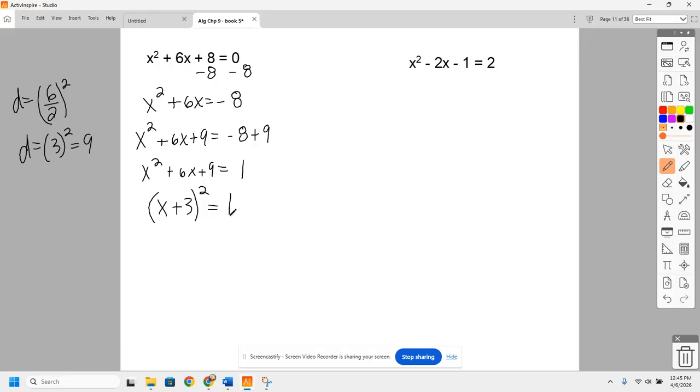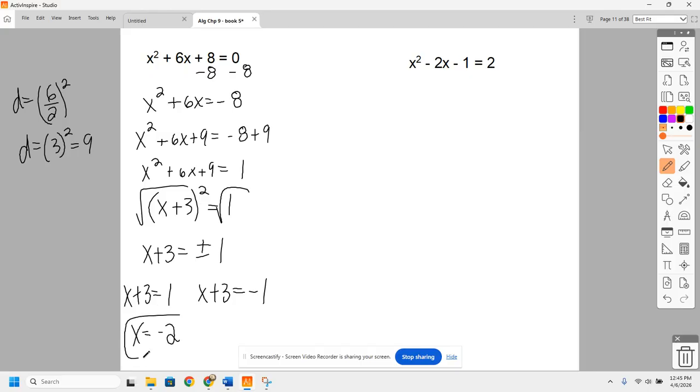And now I can solve by square roots. So I square root both sides. X plus 3 is equal to plus and minus 1. X plus 3 equals positive 1. X plus 3 is equal to negative 1. This answer, x equals negative 2. This answer, x equals negative 4.